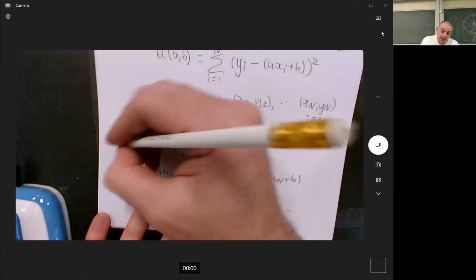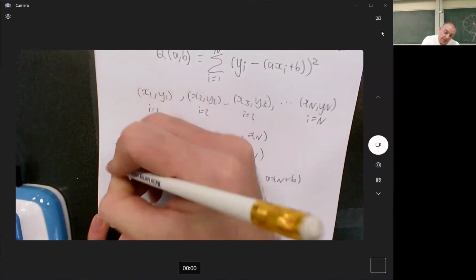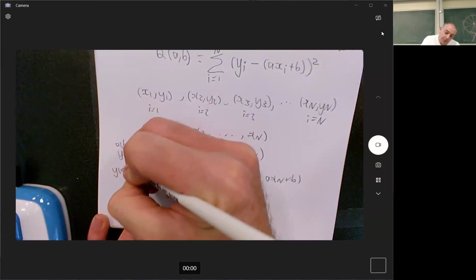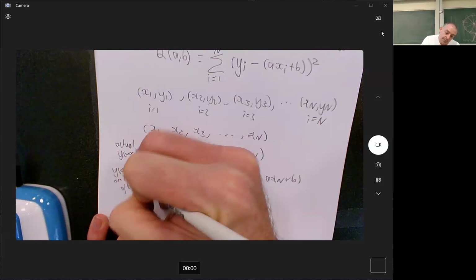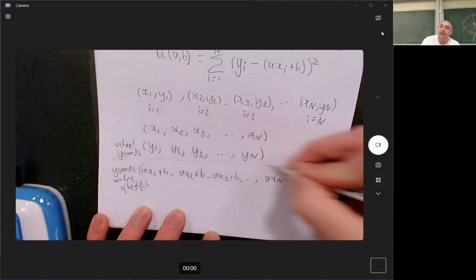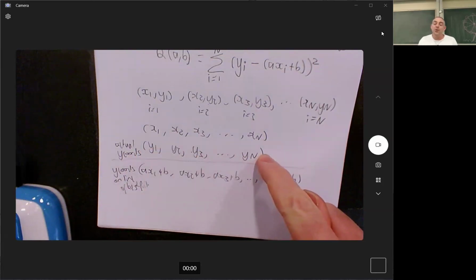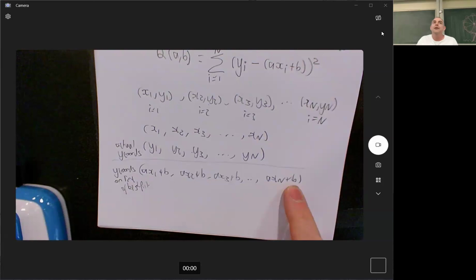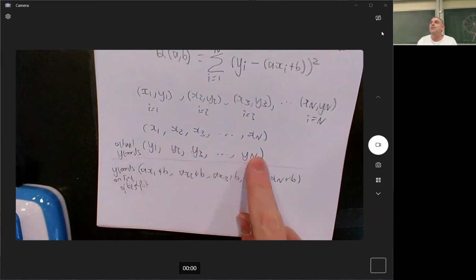So these are the actual y coordinates, and these are the y coordinates on the line of best fit. Well, it might not be the line of best fit. It's my current candidate for the line of best fit. I've just chosen a random a and b. And I would like these to be as close as these, which means I want this point in n-dimensional space to be as close as possible to this point in n-dimensional space.